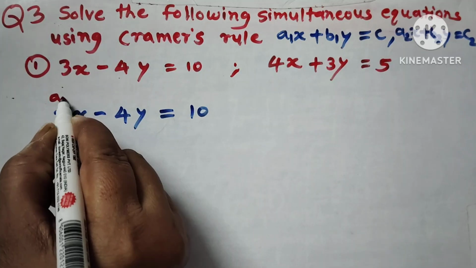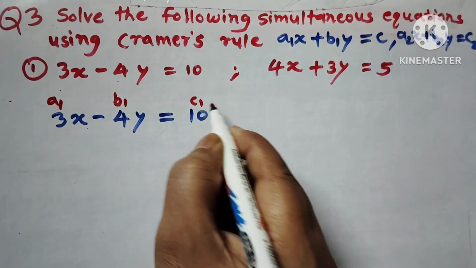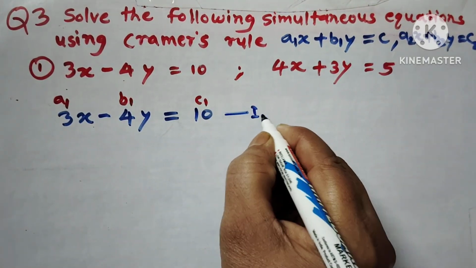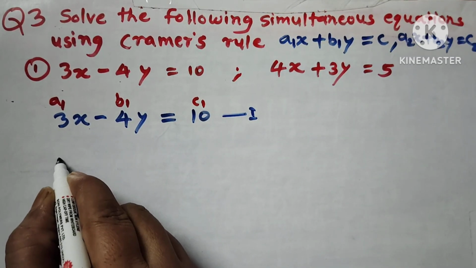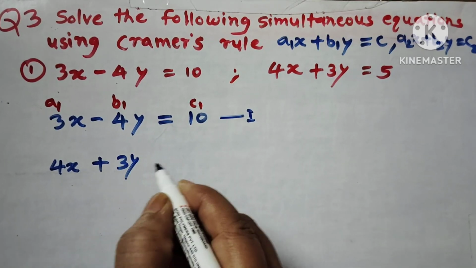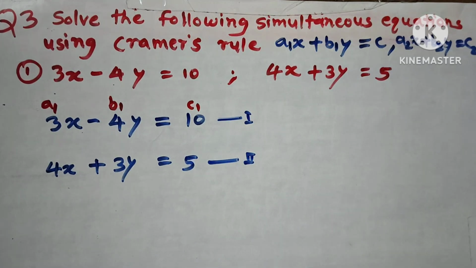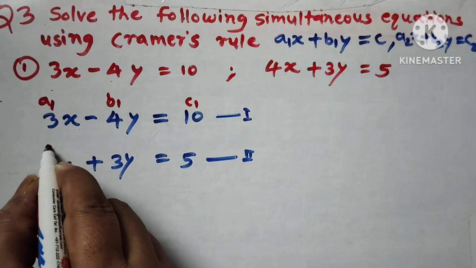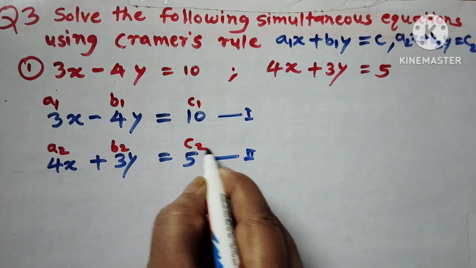Here write a1, b1 and here c1, first equation. Second equation, 4x plus 3y is equal to 5. Here write a2, b2 and c2.